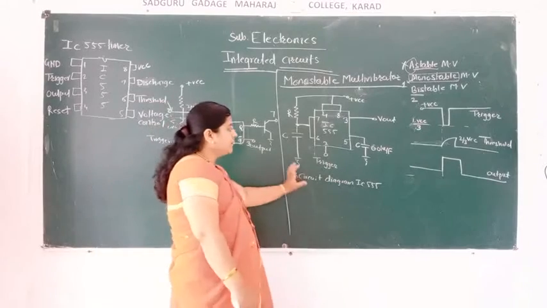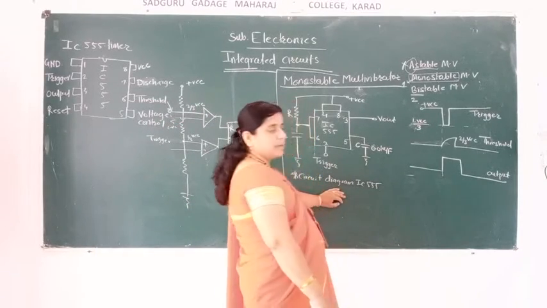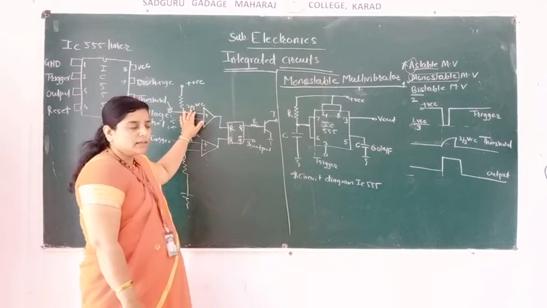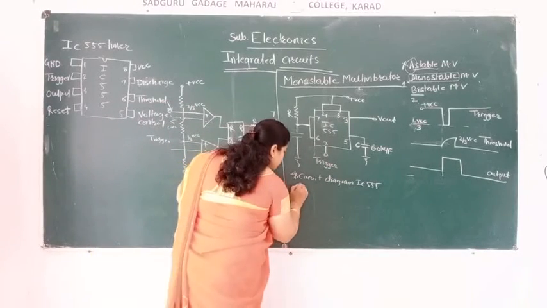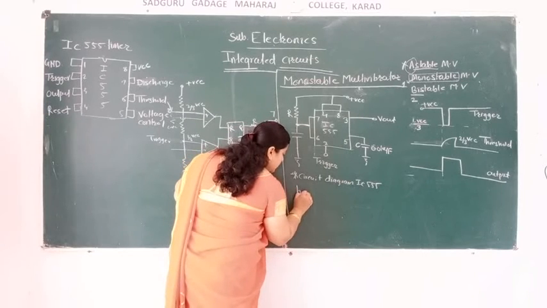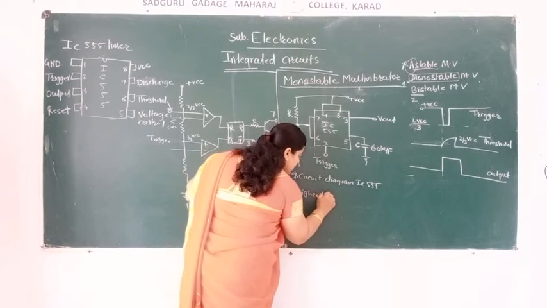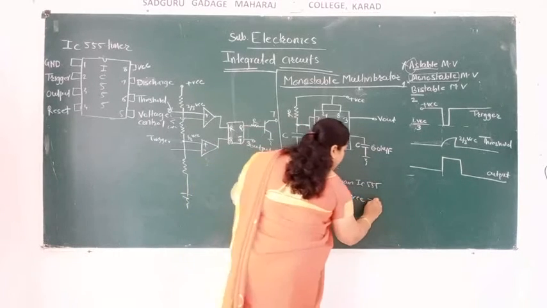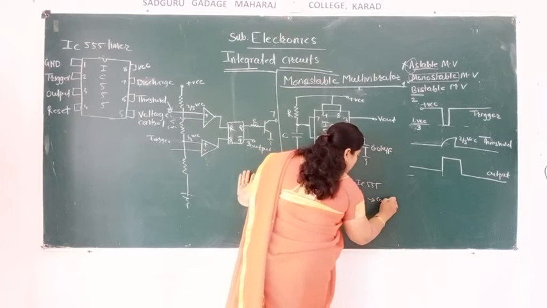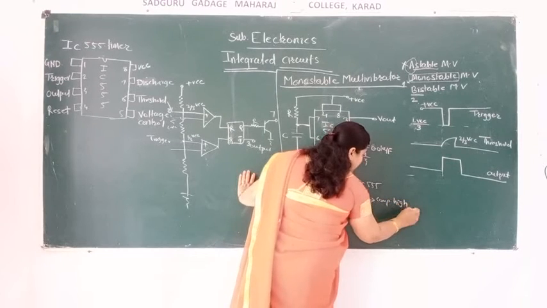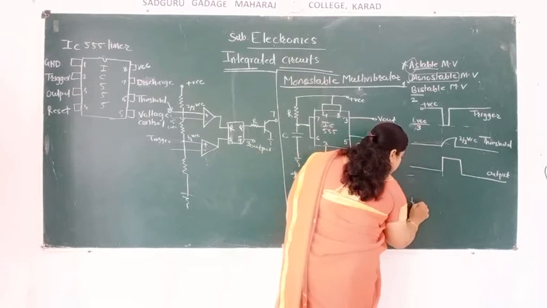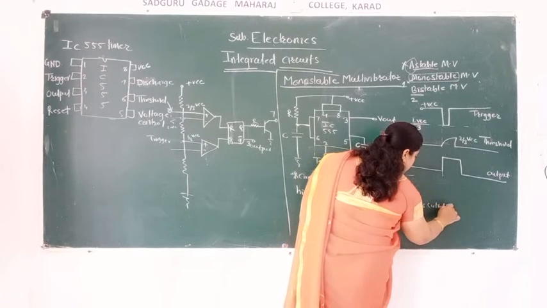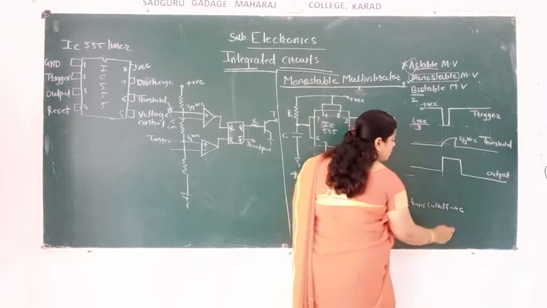The same thing we are looking at here in this monostable multivibrator. So if it is higher than 2/3 of VCC, then the output of comparator 1 will be high. At that time what happened? The transistor will be in the cut-off state, which means C will be charged.